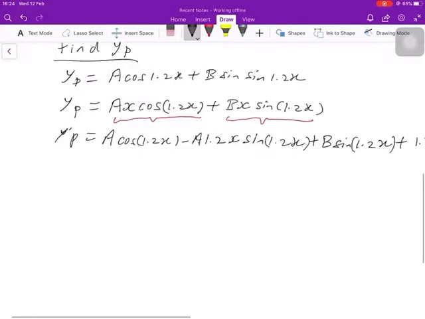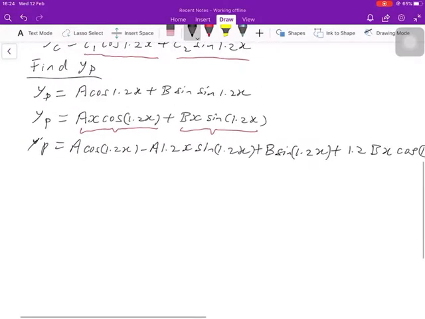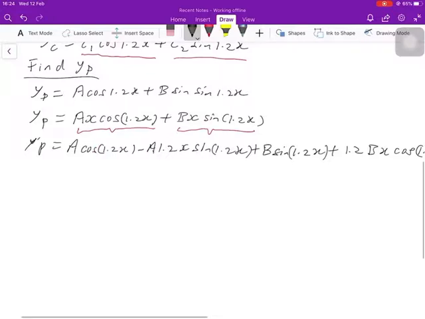So this is the first derivative of the trial solution.